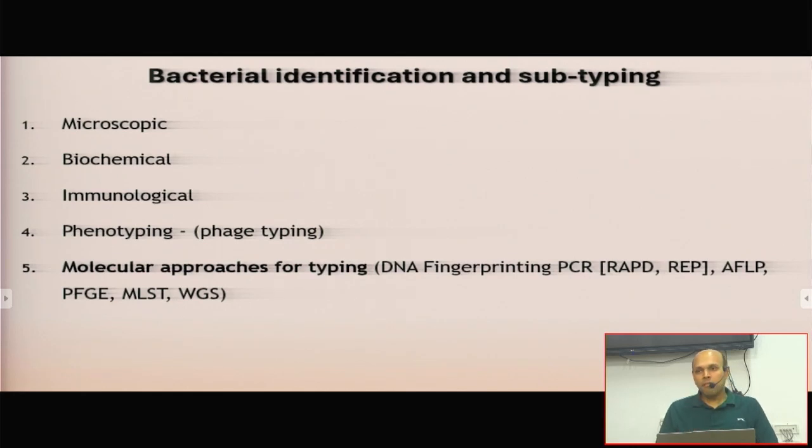You can also have biochemical tests. Other than that, there can be immunological tests that can be performed. Phenotyping using phages, for example, can also be performed. And lastly, there are molecular approaches.